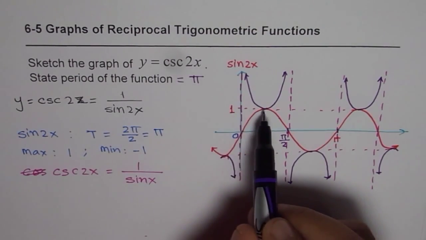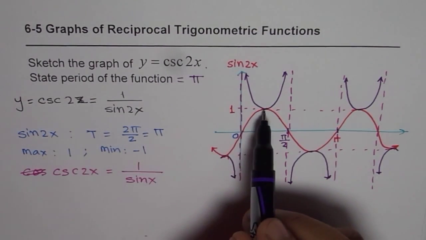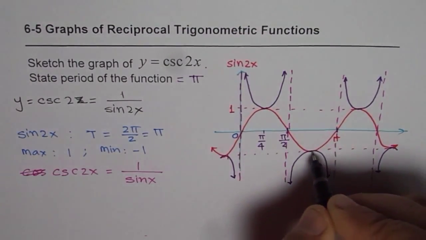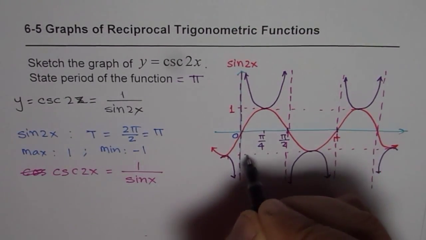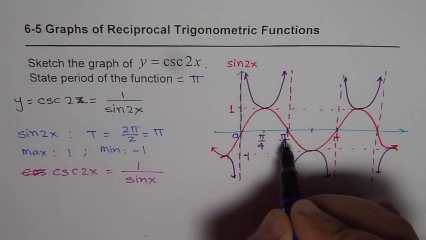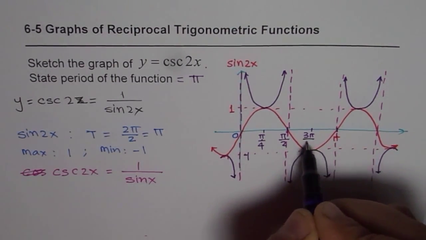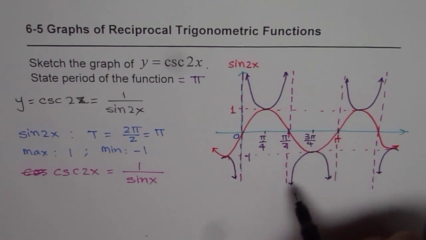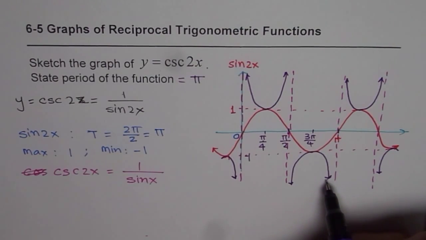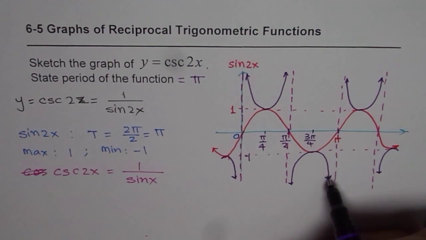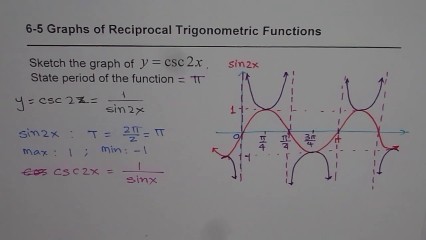The local minimum value of cosecant 2x is 1, which will be at pi by 4, and the local maximum is minus 1, which will be at 3 pi by 4. I count purposely like this, 1 pi by 4, 2 pi by 4, 3 pi by 4, so that it becomes easy for you to work in radians. These are a few other properties you should look into, also the intervals of increasing and decreasing. The function is decreasing, then increasing, increasing and then decreasing. At times you may be asked for those also.